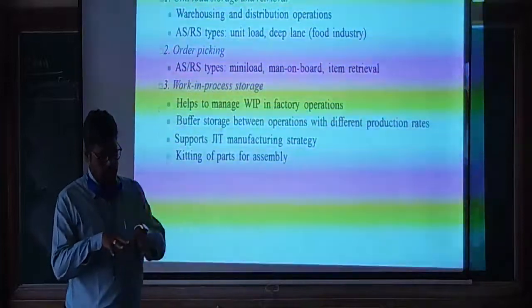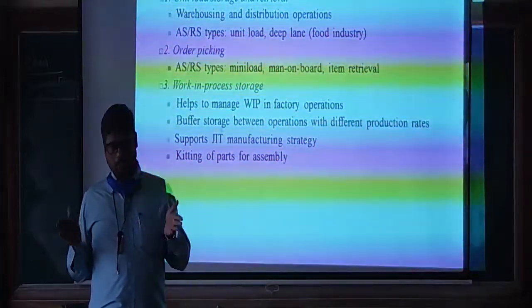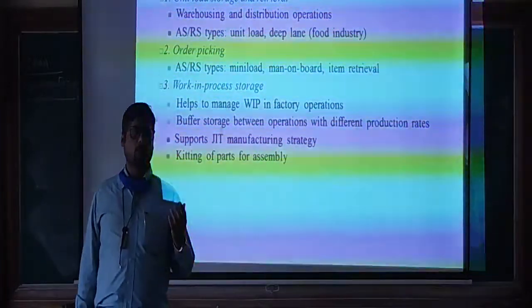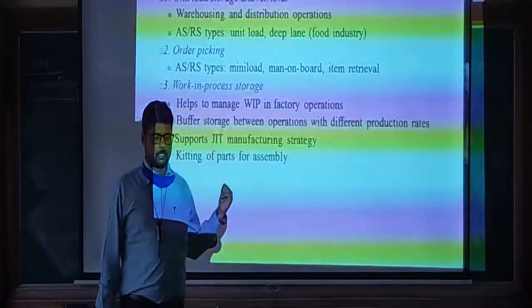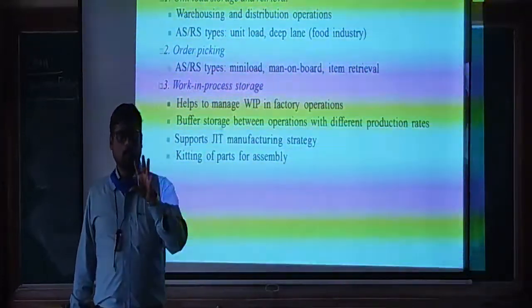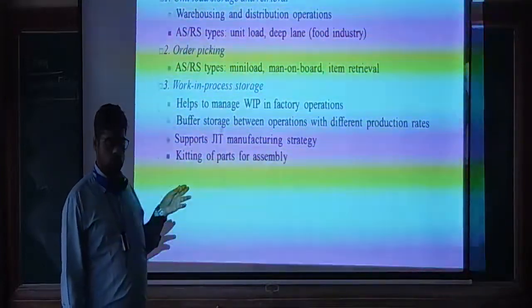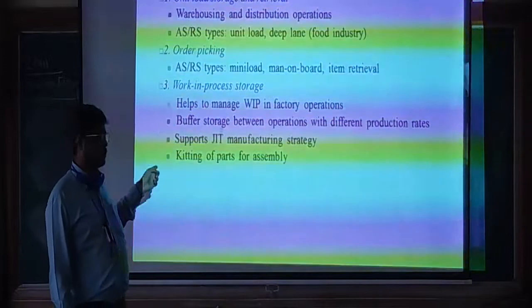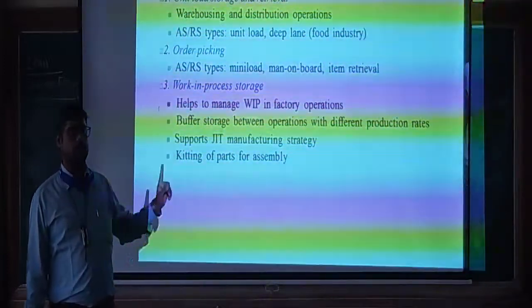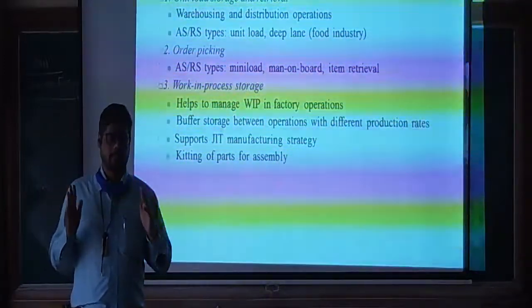Next is kitting of parts for the assembly. I'll give one example for this point. If you go to an assembly line, I have seen this in Tata Motors, how they kit those parts.